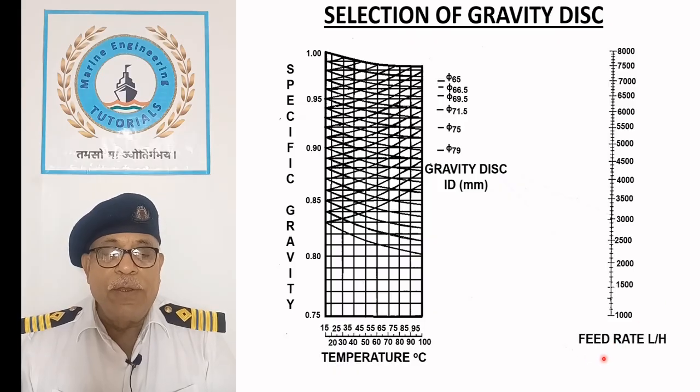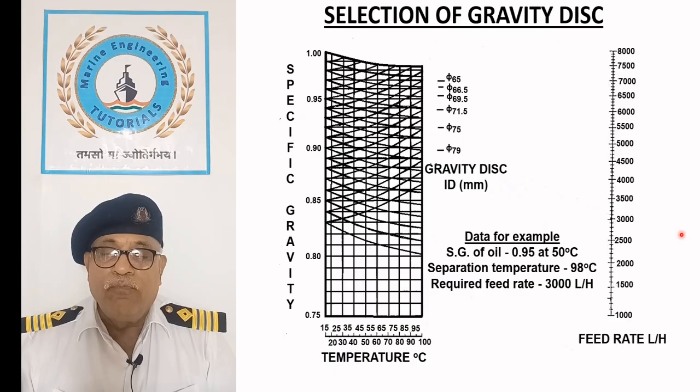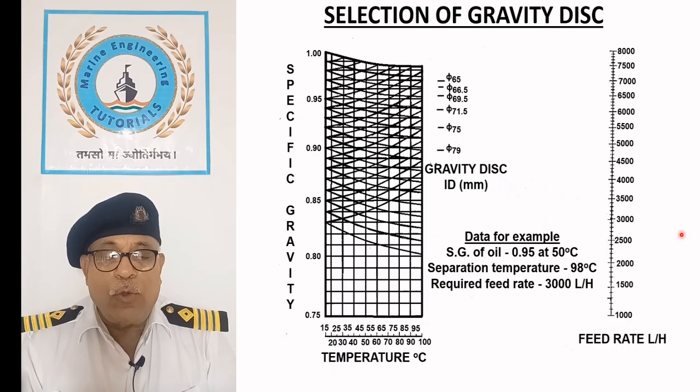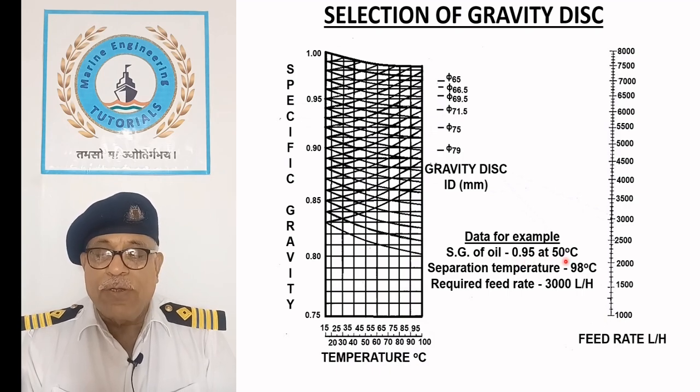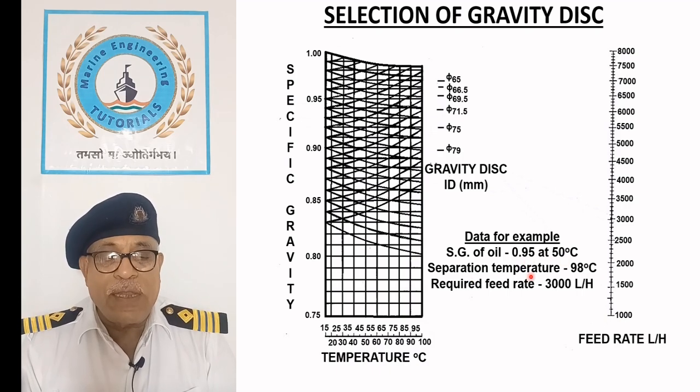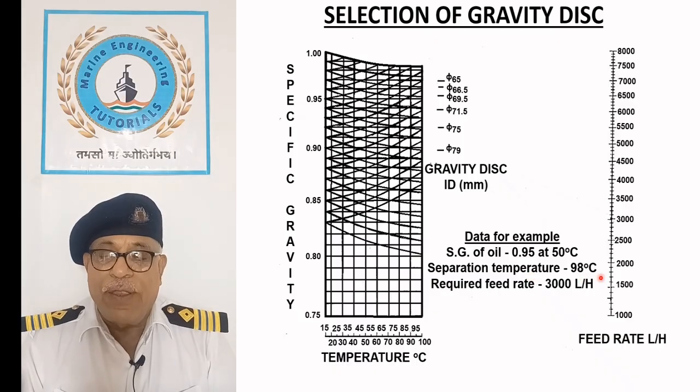Required feed rate in liters per hour. As an example, gravity disk size is calculated on the basis of specific gravity of oil given as 0.95 at 50 degrees Celsius, separation temperature of 98 degrees Celsius, and feed rate of 3000 liters per hour.